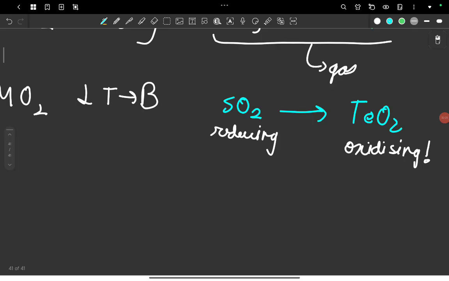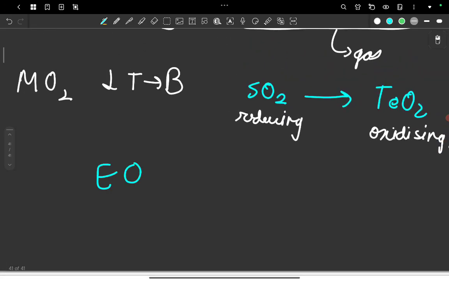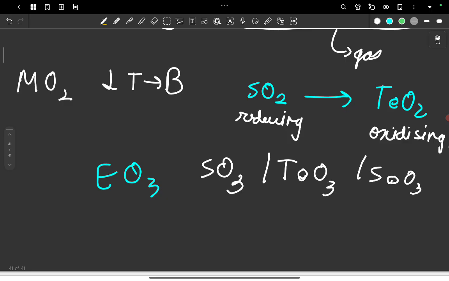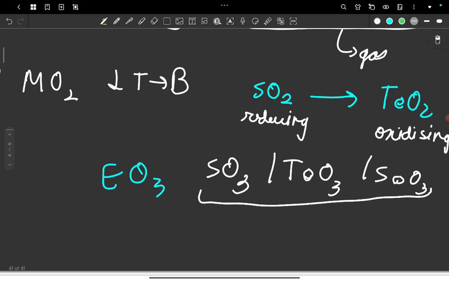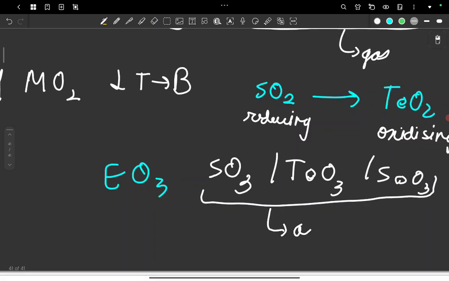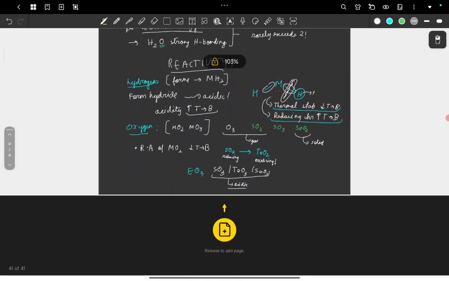And if we talk about the MO3, like SO3 or TeO3 or SeO3, these are also formed by sulfur, selenium, and tellurium, and they are all acidic in nature. Now, that was it about oxygen.